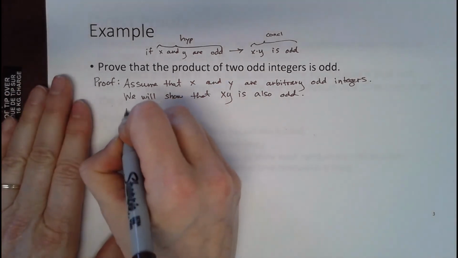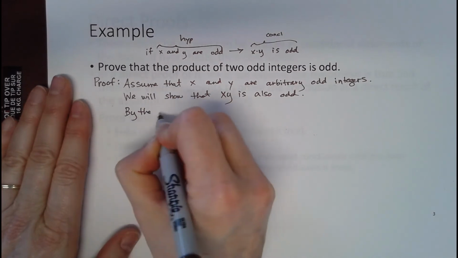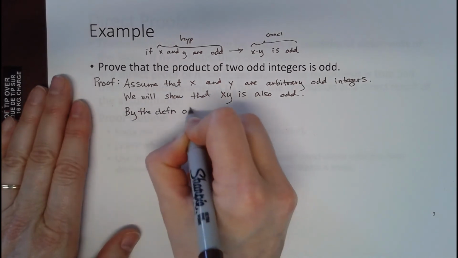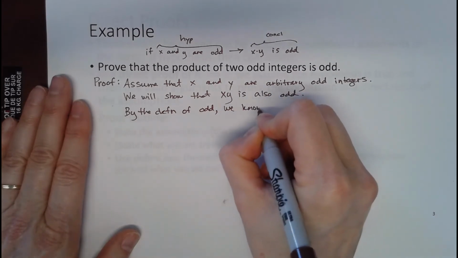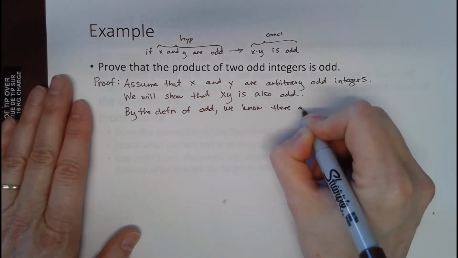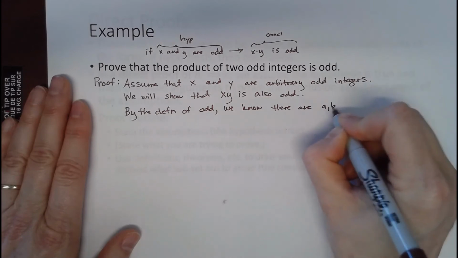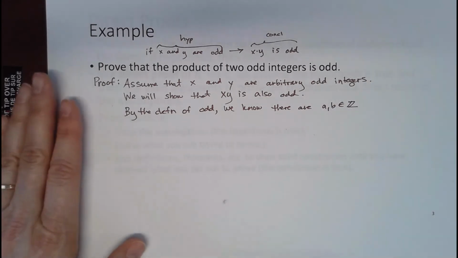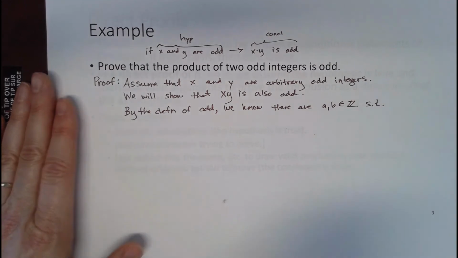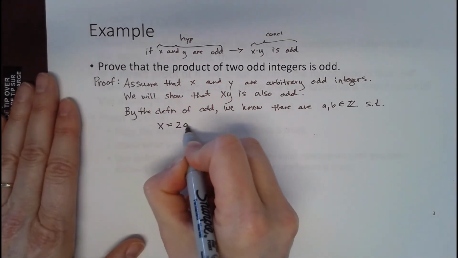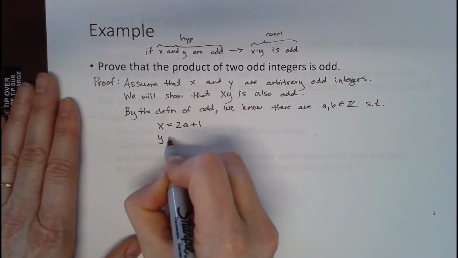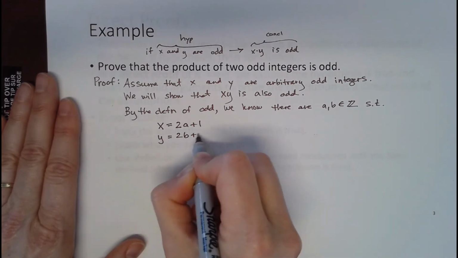Okay, so by the definition of odd, we know there are integers a and b such that x equals 2a plus 1 and y equals 2b plus 1.